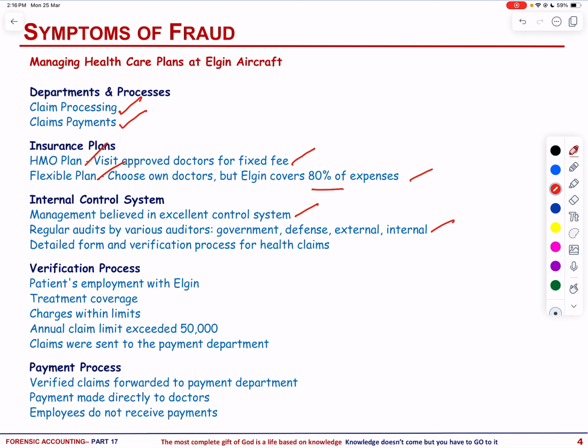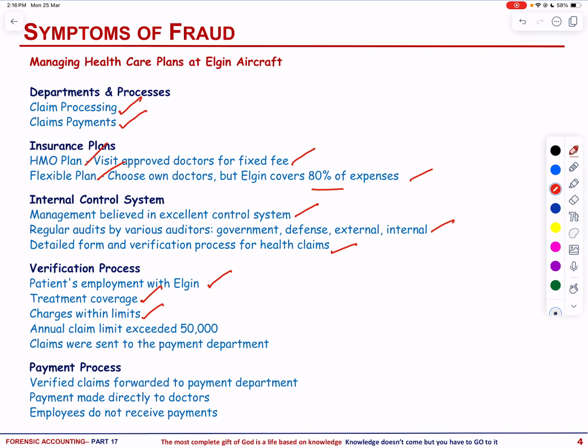Health claims were processed using a detailed form filled by the treating physician, along with a statement from their office confirming the treatment's nature and cost. This information was then checked by the claims processing department to ensure the patient's employment status within Elgin Aircraft, if the treatments were covered by the plan, that the charges were within approved limits.